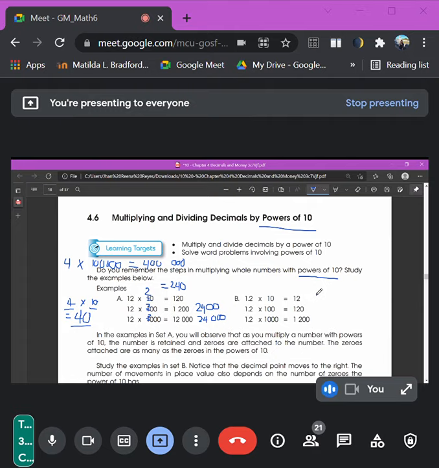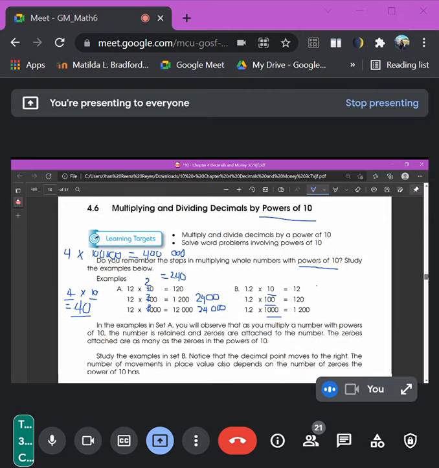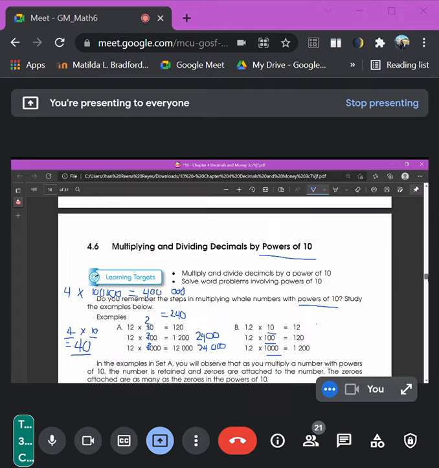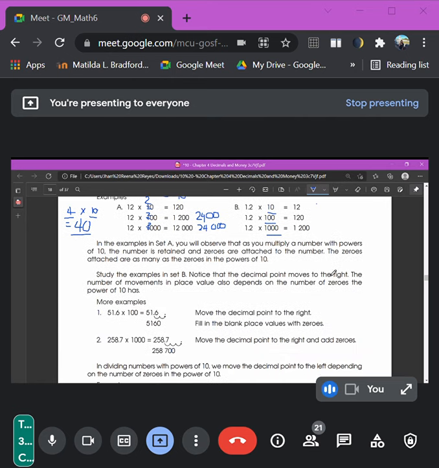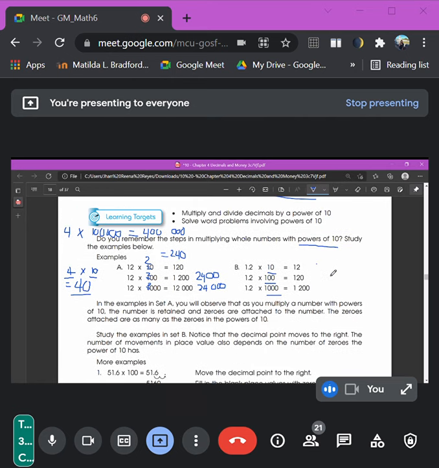As you can see, the powers of 10 here are 10, 100, and 1,000. And our given is already a decimal, which is 1.2. Teacher, how can we solve this more easily? You are just going to move the decimal place.